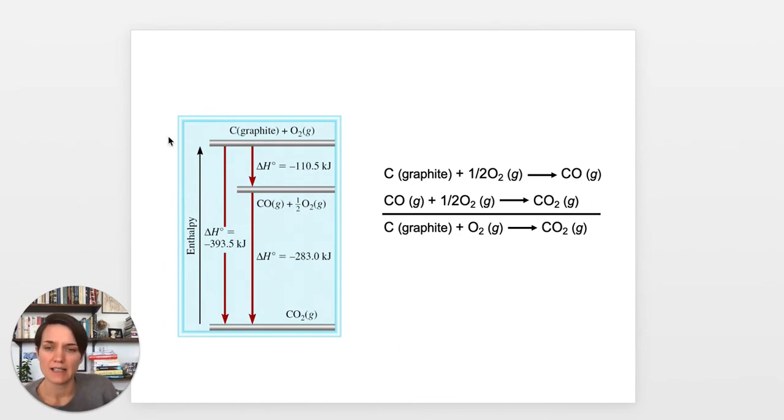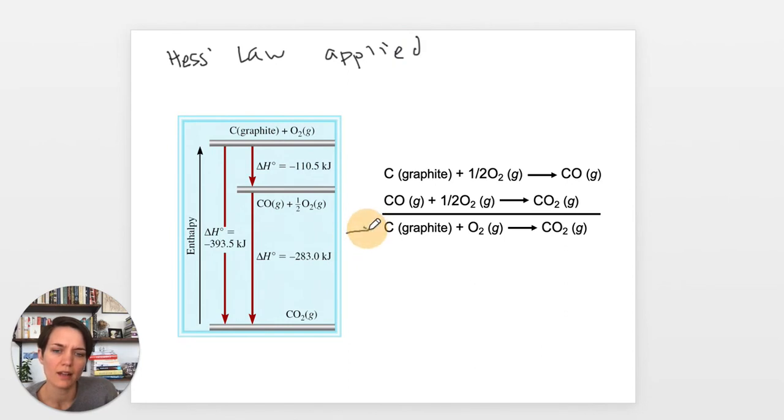So we can apply Hess's law when we are looking at the conversion of carbon in its graphite form and oxygen gas into carbon dioxide. So let's say we don't know what the enthalpy change is of this, but we do know that the enthalpy change of graphite and oxygen to carbon monoxide is negative 110.5 kilojoules.